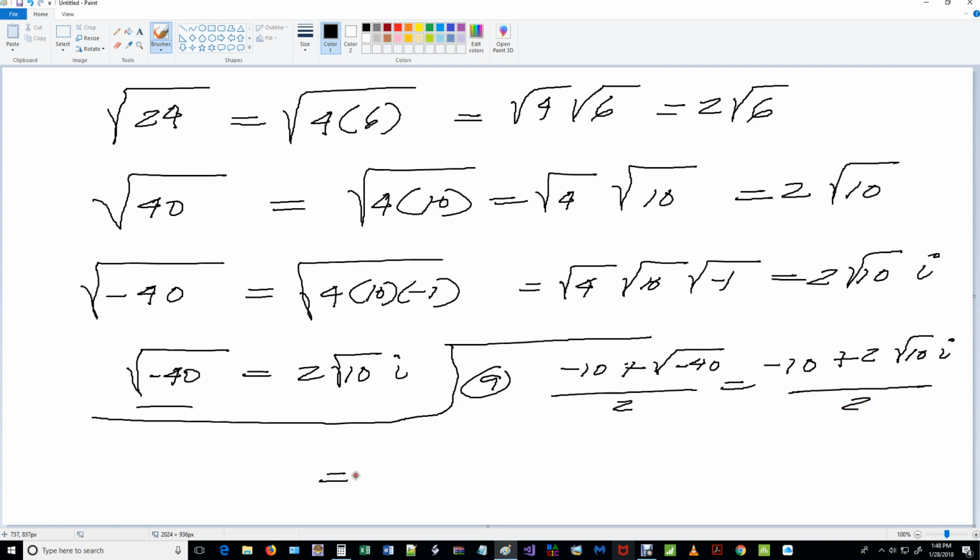So let's separate this into 2: -10 over 2, and then 2 times the square root of 10 divided by 2 times i. 10 over 2 is 5, so it's -5 for the first term, plus the 2 cancels on the second term, and you still have the square root of 10, and then you still have the i.